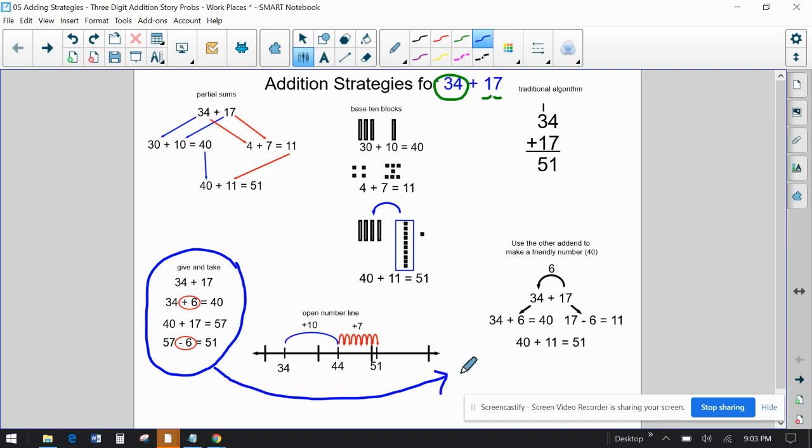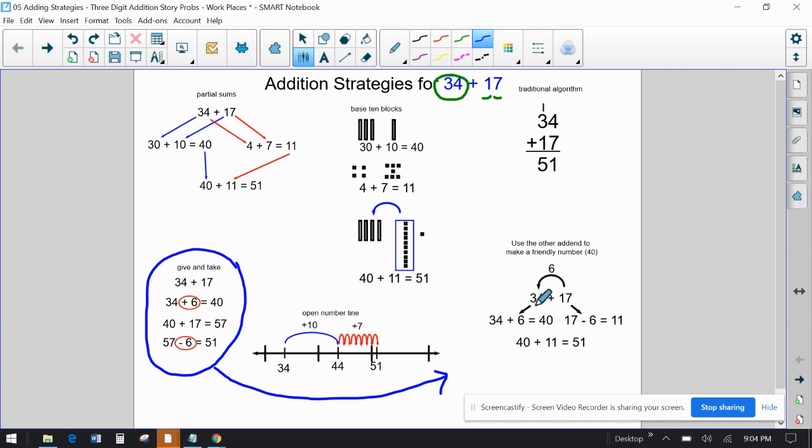So if we're doing 34 plus 17, if you take a look at 34, how far does 34 have to go to become a friendly number? Well, it's on its way to becoming a 40. That's the next decade. And if you know your tens complements, 4 plus 6 will get you there.